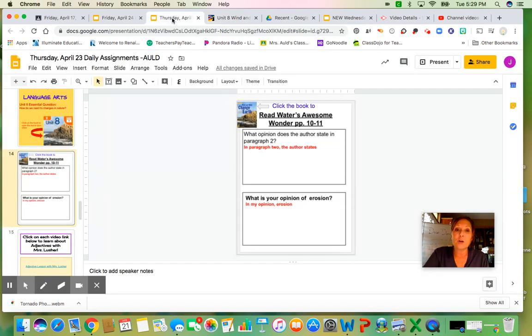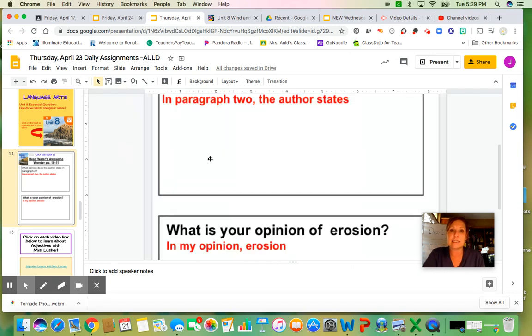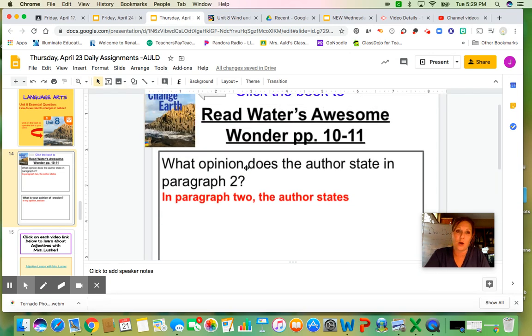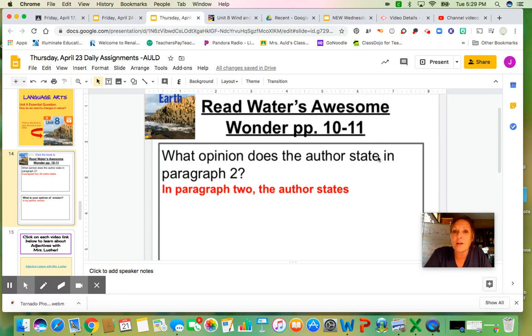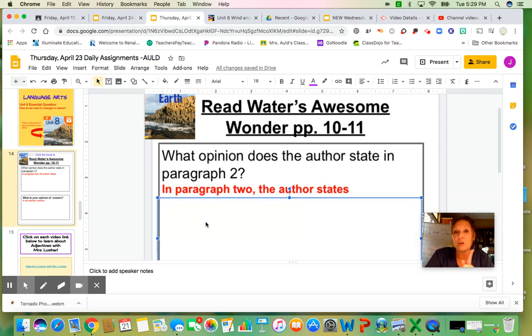So let's go back to our slide. And I'm going to make it bigger because it's really hard for Mrs. Ald and my old eyes to see. So I'm going to make this a bit bigger. Here we go. What opinion does the author state in paragraph 2? Well, we've given you a sentence starter, and you can either use this sentence starter if you would like, but you don't have to if you want to redo it and do your own.